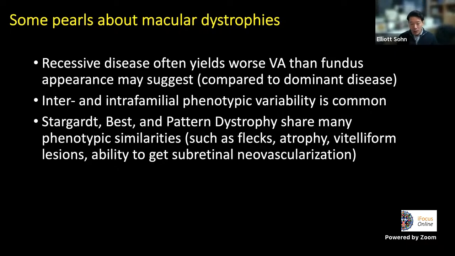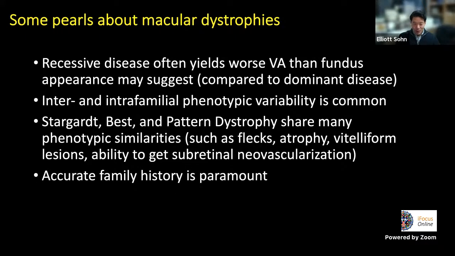And you may not think vitelliform lesions would happen as much in Stargardt disease, but remember that vitelliform lesions are comprised of lipofuscin, and these bisretinoid products are distributed throughout the retina. So even though they may not look like kind of an egg yolk lesion in Stargardt disease, you can still get vitelliform type lesions in all three of these disorders. All three of them can also get choroidal neovascularization or subretinal neovascularization, CNV, so they can all get that as well.